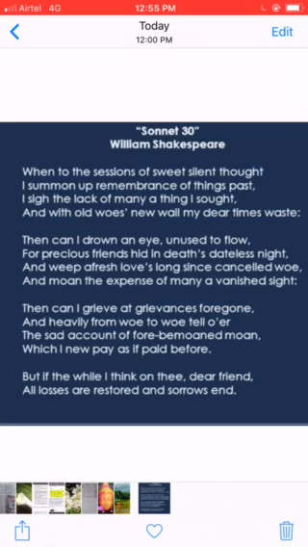Well, if we look at the symmetry of the poem, "When to the sessions of sweet silent thought." We have talked about the rhyme scheme of the first quatrain: thought, past, sought, waste.